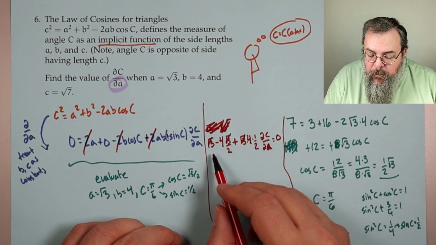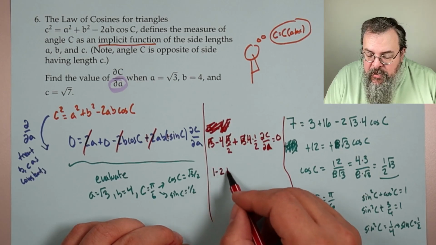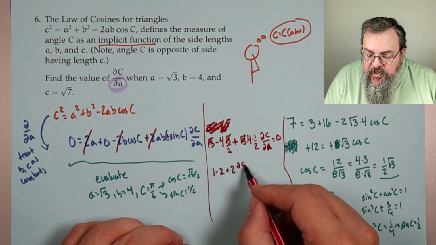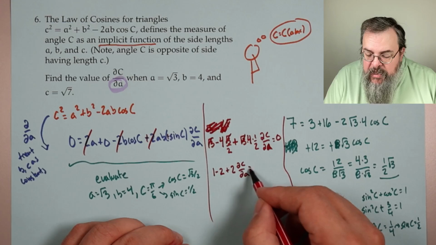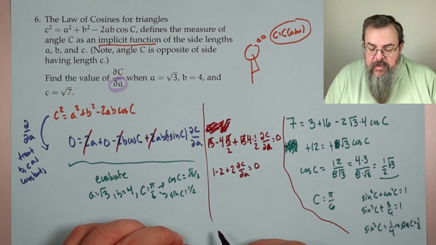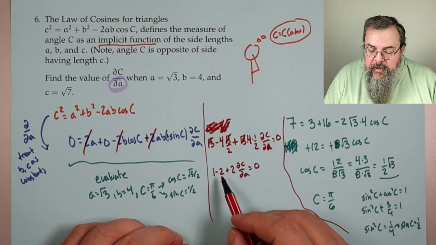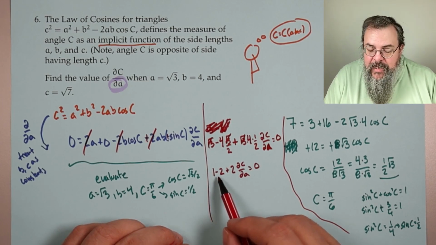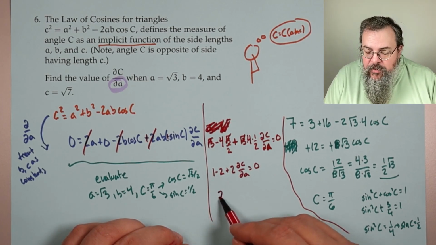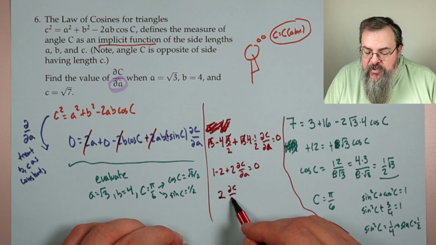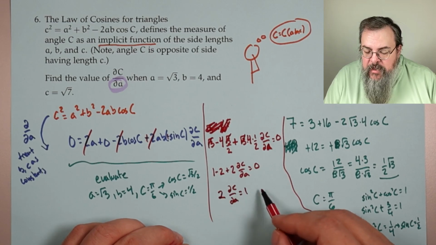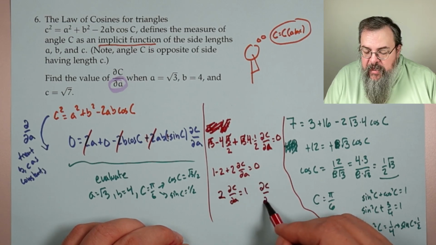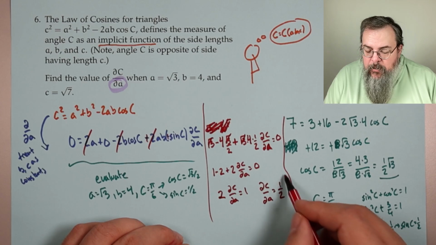So we end up with 1 minus 2 plus 2 partial c partial a equals 0. Well, from here, we're pretty much done, right? 1 minus 2 is negative 1, move it across. 2 partial c partial a equals 1. Partial c partial a equals 1/2.